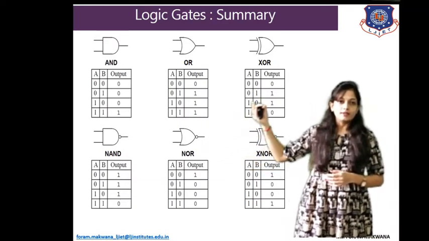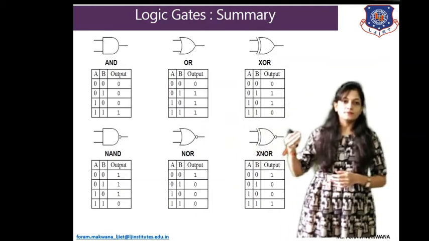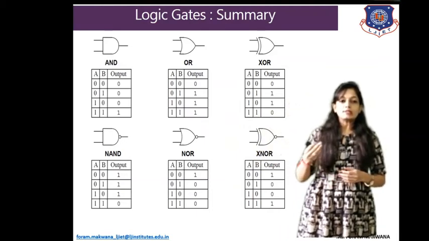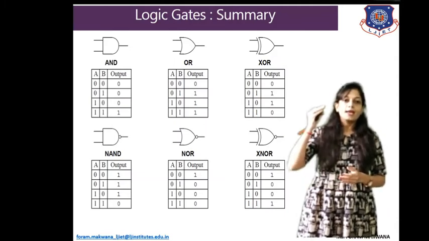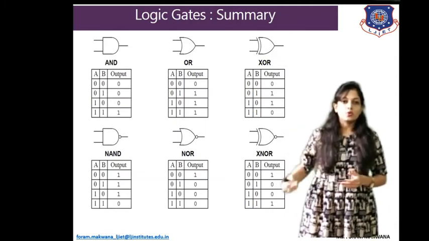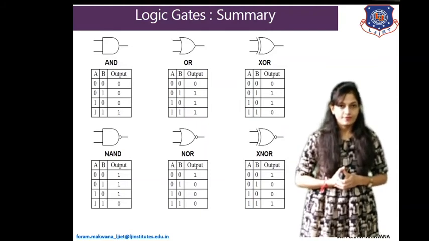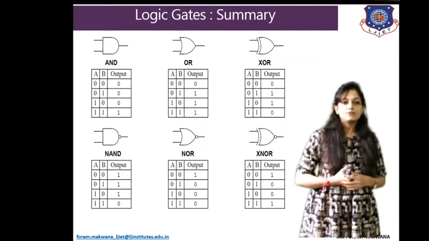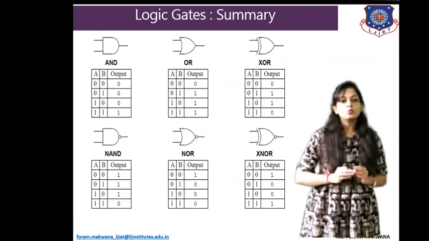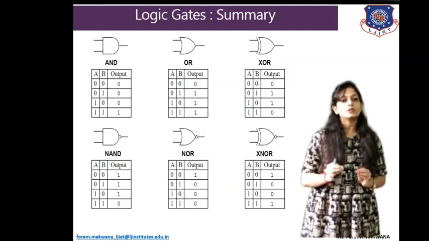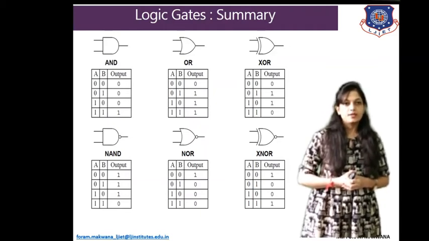Then OR and NOT, the complement, that is OR with NOT, is called NOR. XOR with NOT is called XNOR. As we have seen AND, OR and XOR operation, we need to only invert the output of AND gate.